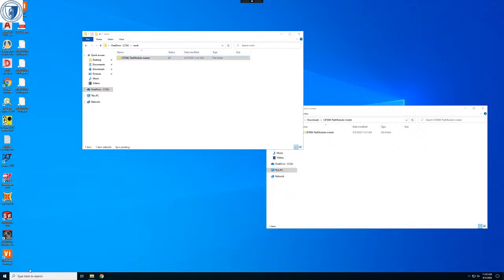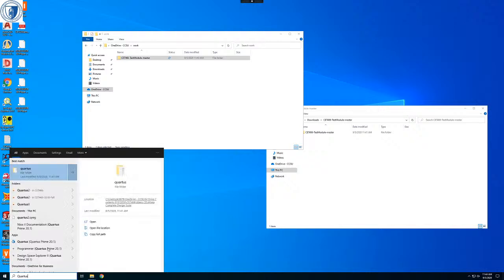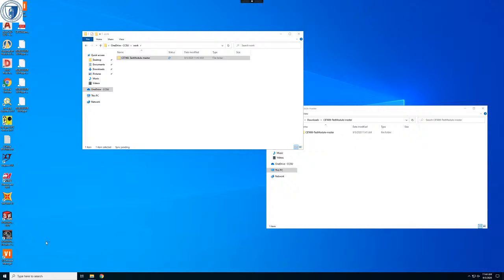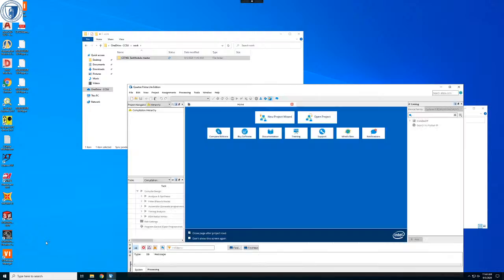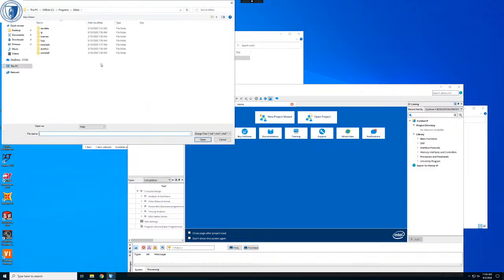Okay, so then what I wanted you to do for the first lab was to fire up Quartus Prime Lite. You should be able to install this on your own computer if you have a Windows computer.